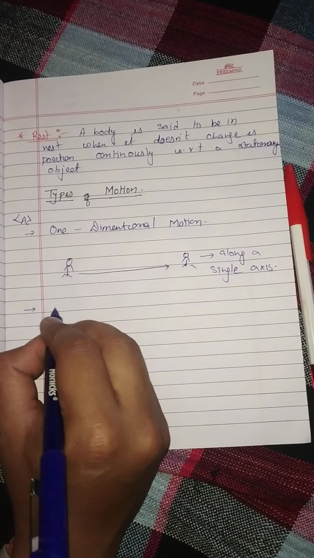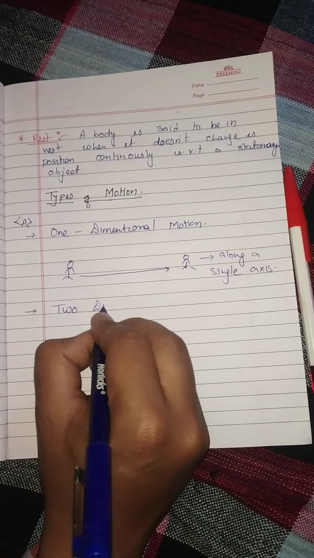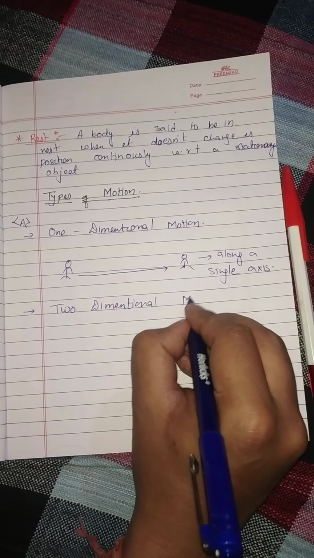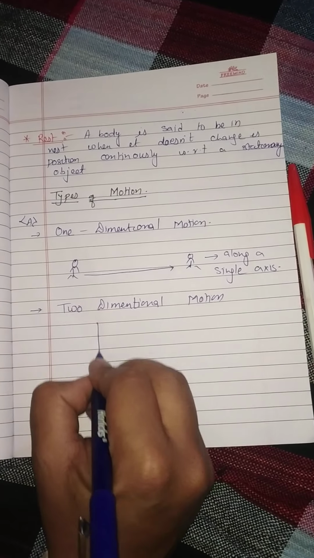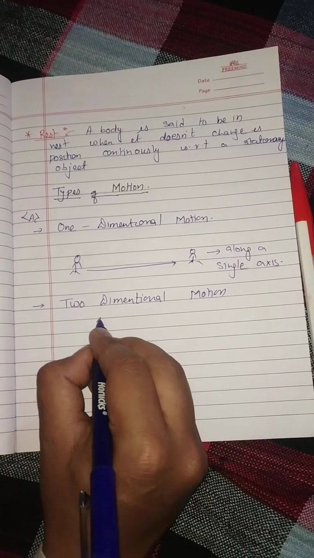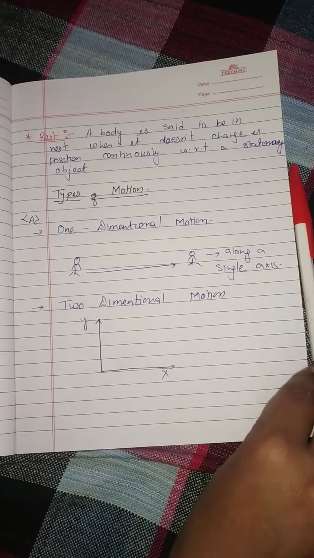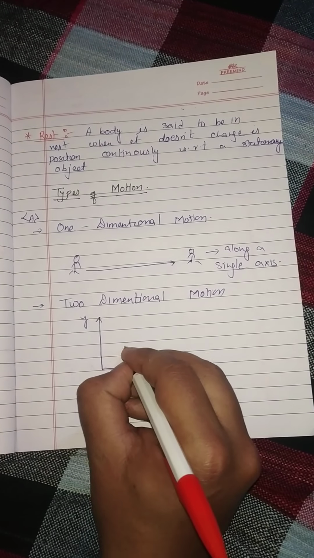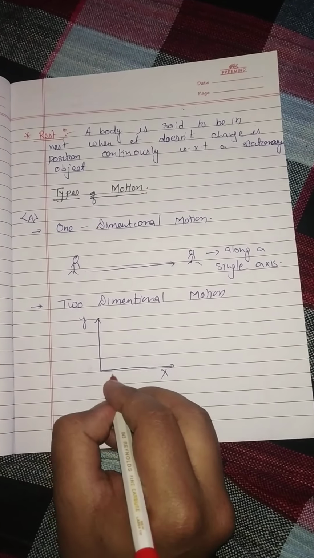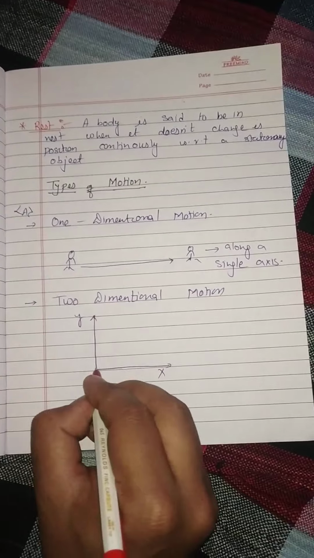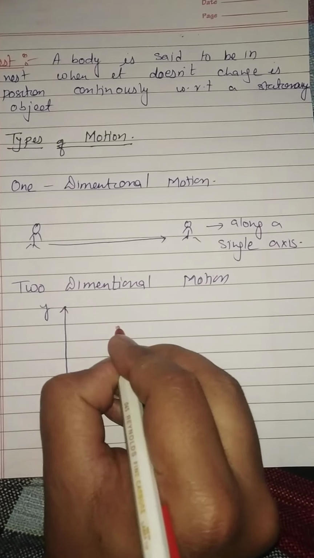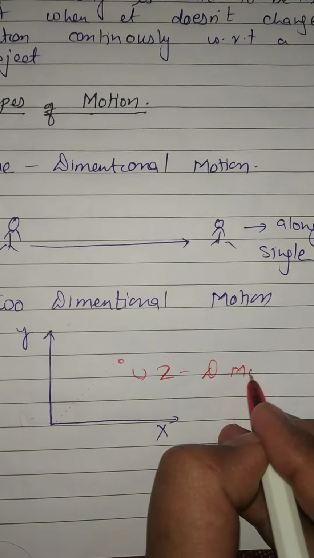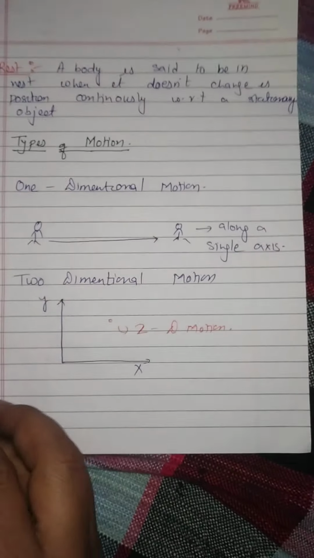Next, you can take two-dimensional motion. For example, let's take an axis. This is the y-axis, this is the x-axis, and you are moving like this, like this. In this, you are moving in both dimensions. This is what we can say is two-dimensional motion.